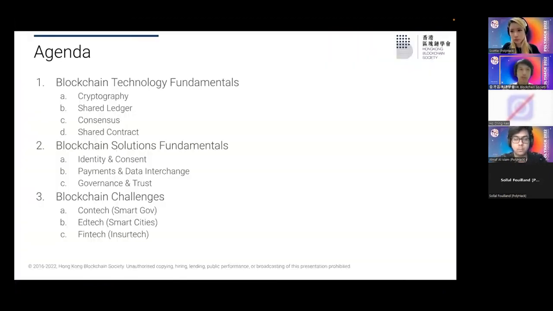So that's why we want to tell you all about blockchain solutions design and why that's important. That being said, we're going to first run through some technology fundamentals because I'm not sure if everyone has heard about blockchain or has the same idea of what blockchain is. So let's just start from scratch. Secondly, we'll run through the solution fundamentals: some ideas of what blockchain solutions are, and some components and aspects they should have.